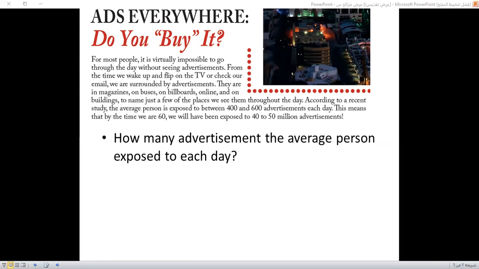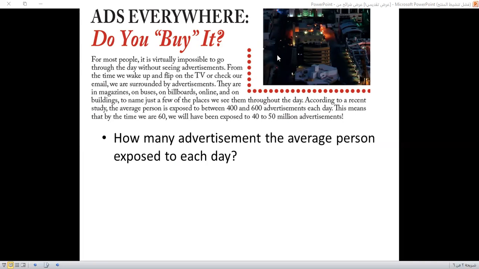According to a recent study, the average person is exposed to between 400 and 600 advertisements each day. This means that by the time we are 60, we will have been exposed to 40 to 50 million advertisements.